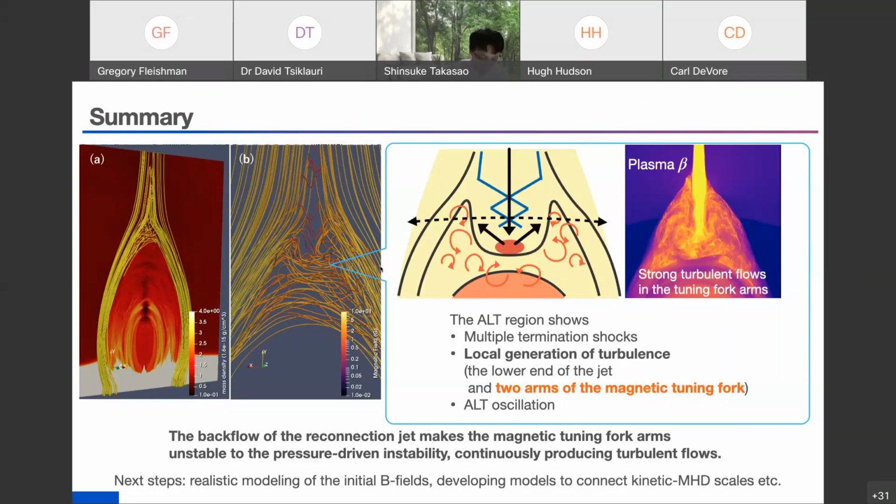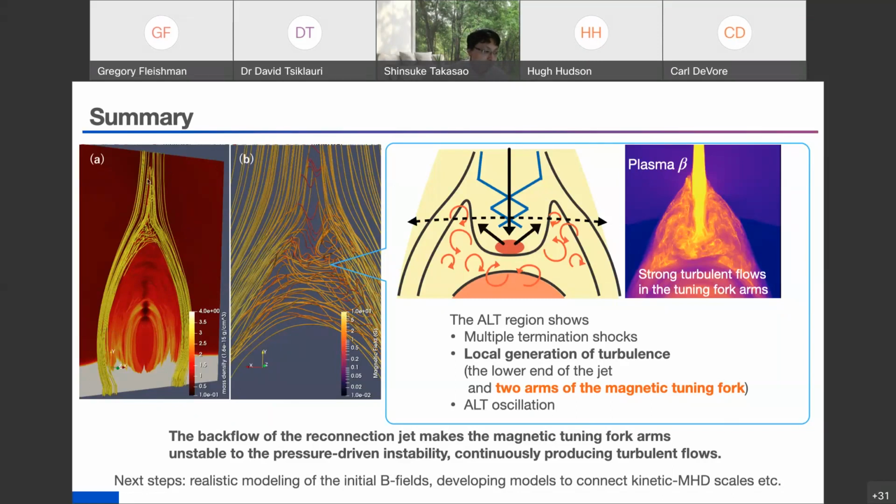Yeah, in our model we measure the kinetic energy of the reconnection jet, and that is similar to the released magnetic energy. But in our model, in the large domain, the magnetic field is anti-parallel, so a weak guide field.